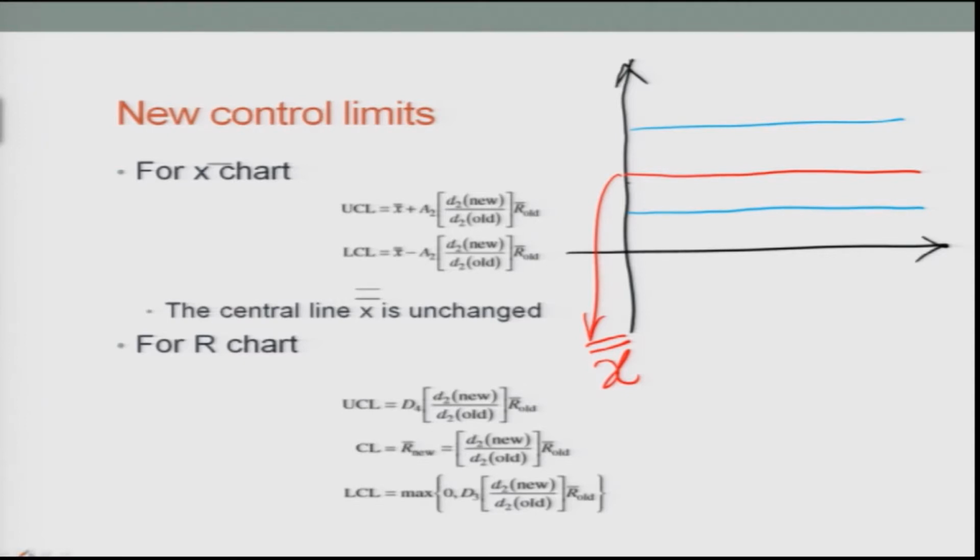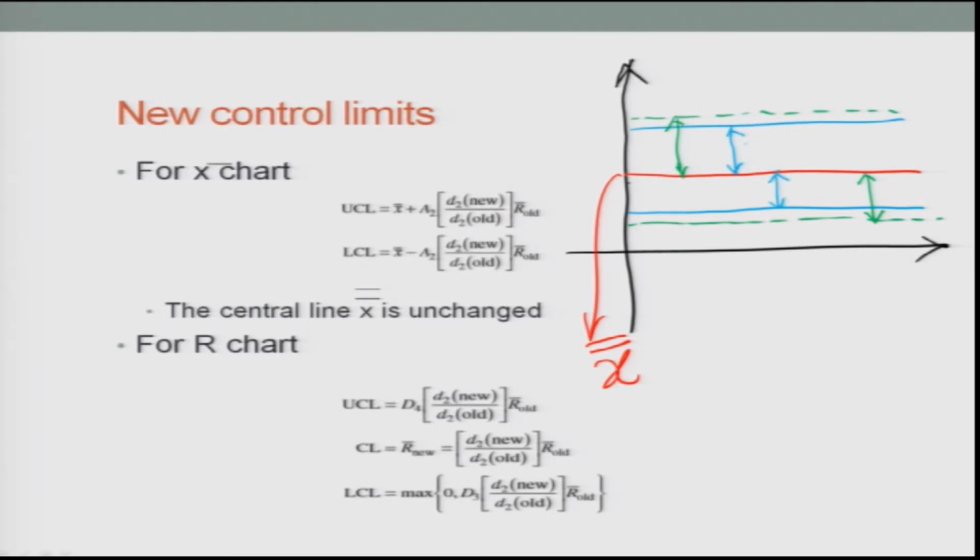Then as the sample size changes, due to the fact that you will have D2 new and D2 old, the values can be such that one has gone up and another has gone down. So, this would be the range in the first case, the upper range. This would be the range for the second case for the new sample size, and the corresponding values, if you remember, this would be the upper control limit for the old sample, and this is the lower control limit for the new sample.